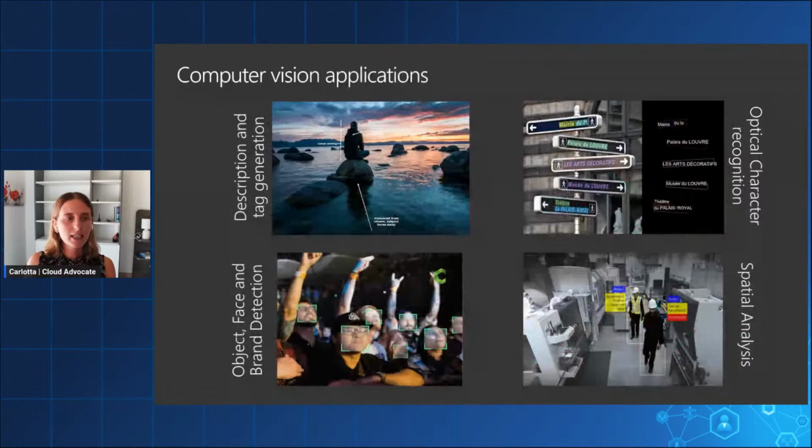So potential use cases for Azure Computer Vision include description and tag generation starting from an image, which means determining an appropriate caption for an image, and identifying also relevant tags that can be used as keywords to indicate its subject.